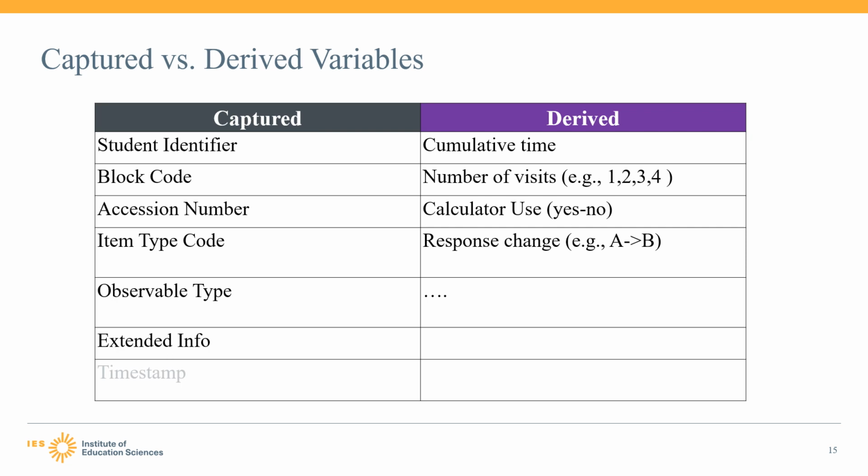It is important to realize that this data can be used to derive new variables. Cumulative time is one of the derived variables you already see in the dataset. Beyond this, it is possible to create new variables, such as number of visits, by counting how many times each student worked on each item, or whether the student used a calculator. Lots of possibilities.